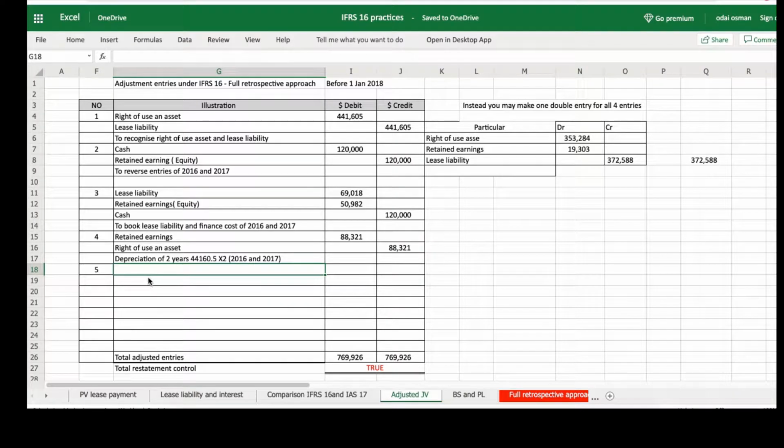it would be the debit. The debit side would be lease payment.